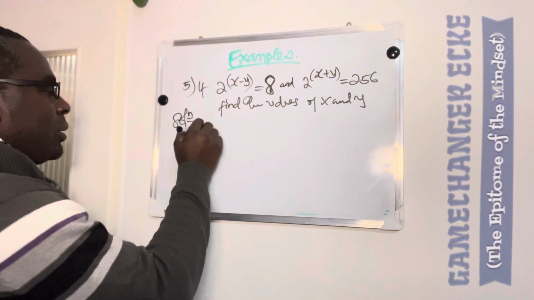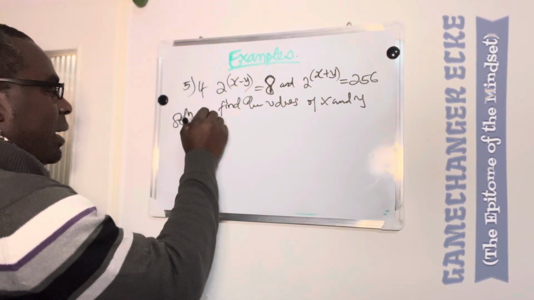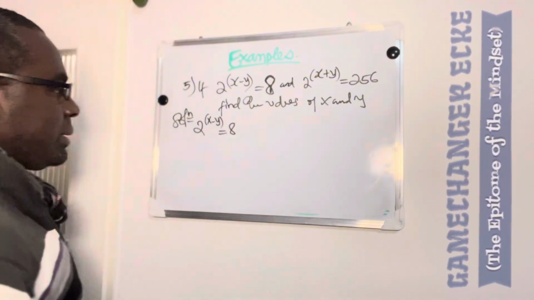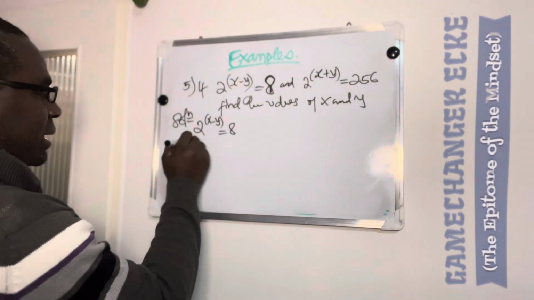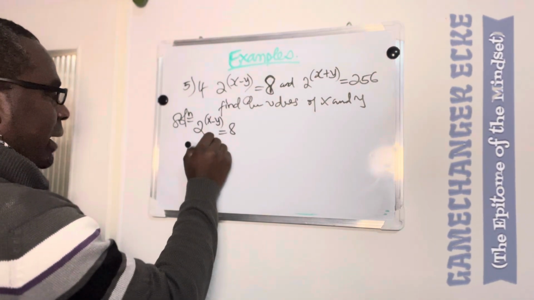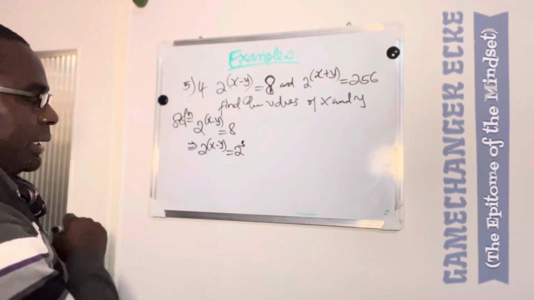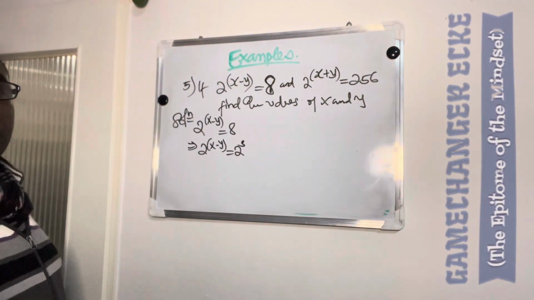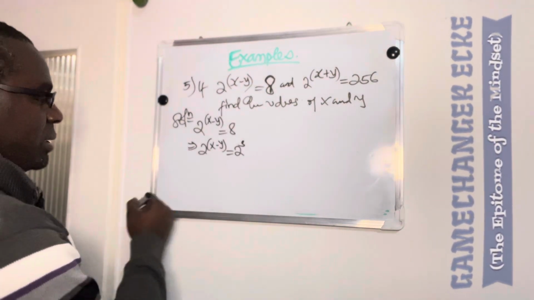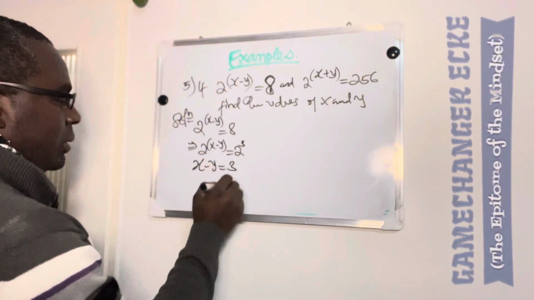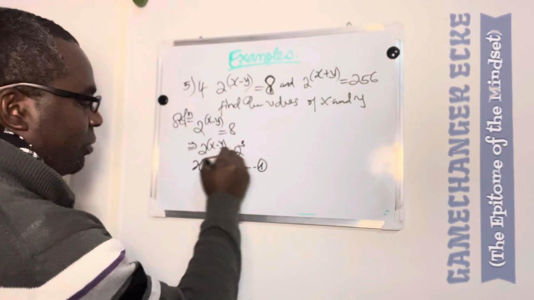So 2 to the power x minus y is the same as 8, which can be written as 2 to the power 3. Since we have common bases, we equate the powers. So x minus y is equal to 3. We'll call this equation 1.